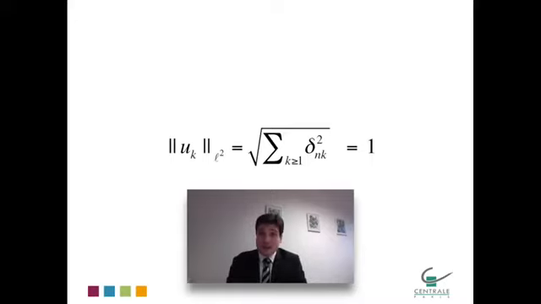And delta_kn is either 0, if n is different from k, and 1 if n is equal to k. So when I sum all the zeros squared plus 1 squared plus all the zeros squared, then what I have is 1. So the norm of u_k minus the possible limit in l2 is 1.